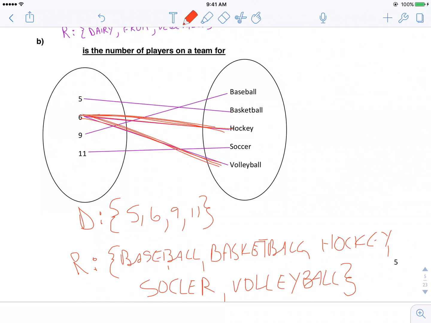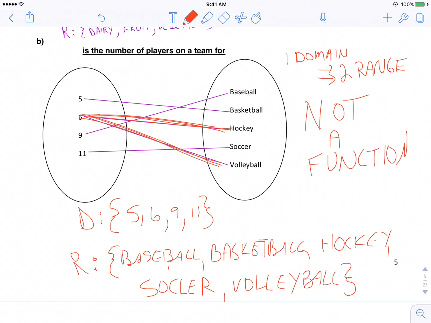So now I have one domain value giving 2 possible range values. This makes this not a function.